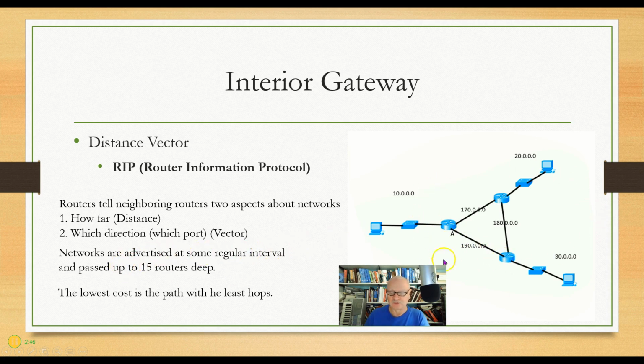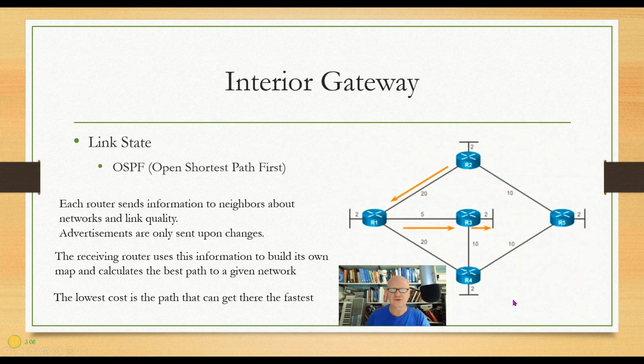This happens up to 15 routers deep, so these routers can learn their way around a pretty good number of networks. And then the lowest cost path is the one that has the least hops. So it's going to take the lowest cost, and it's going to come out of there and take the one hop route in order to get there. That's RIP.